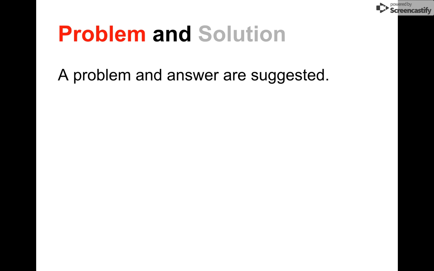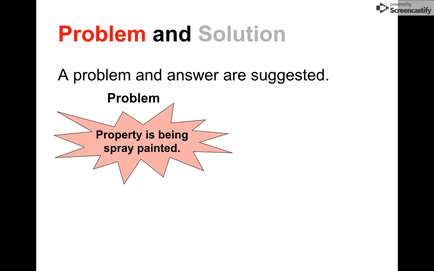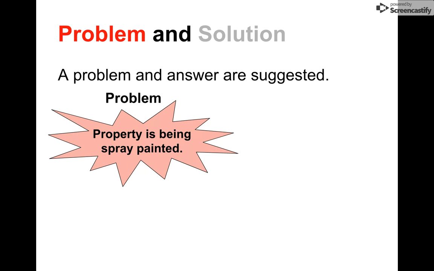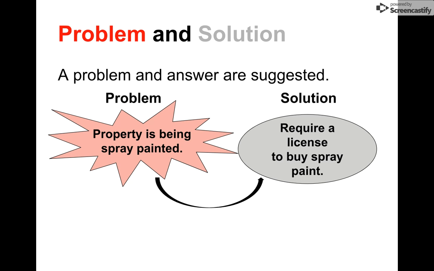Next, we have problem and solution. So a problem and answer are suggested for this type of organization. Problem could be property is being spray painted. Solution would be that it requires a license to buy spray paint. When you're looking at problem and solution, you can present multiple solutions to a problem.